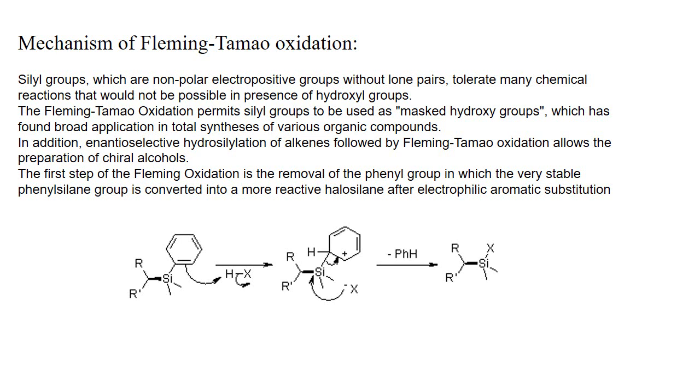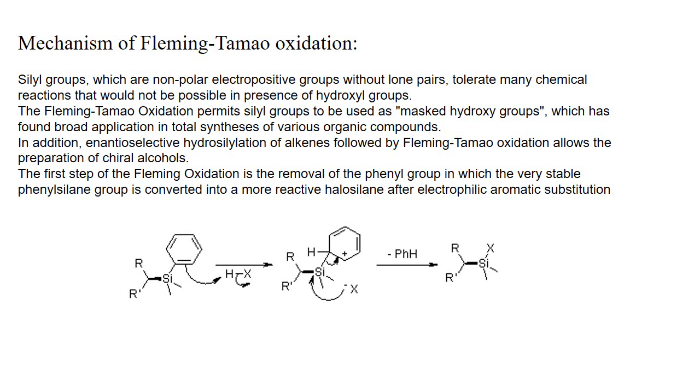Upon electrophilic aromatic substitution, this hydrogen attacks the pi bond, and this aryl cation is obtained, and X upon attacking on the silyl group, this bond moves over here and leaves behind the benzene and gives us a more reactive silane. So the first step is the removal of the phenyl group from the silane.